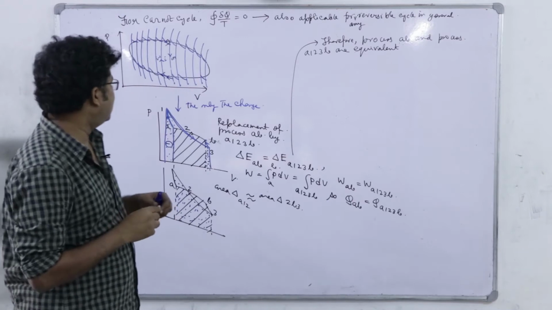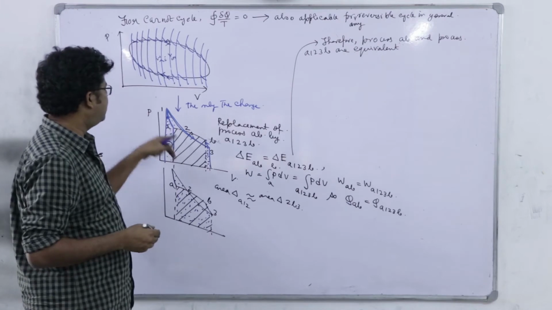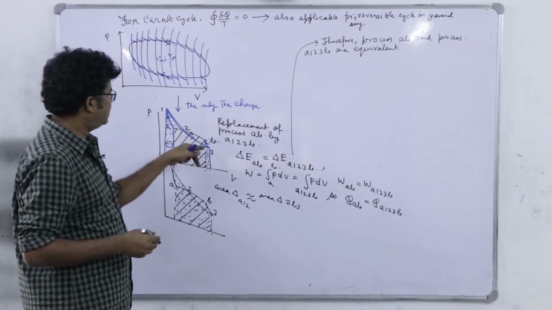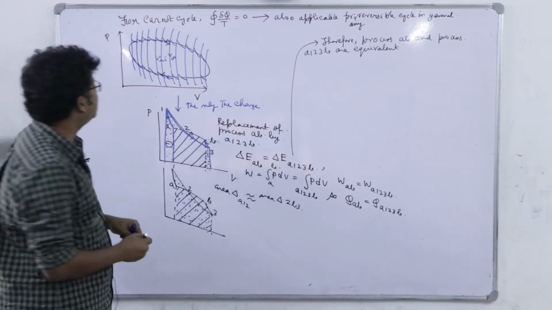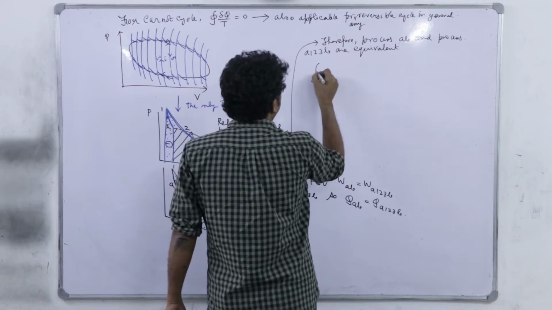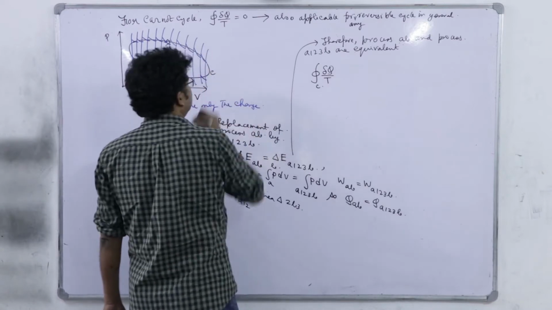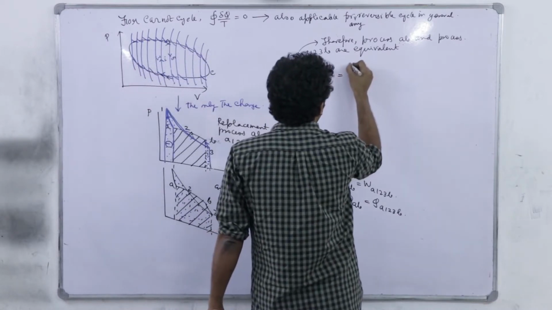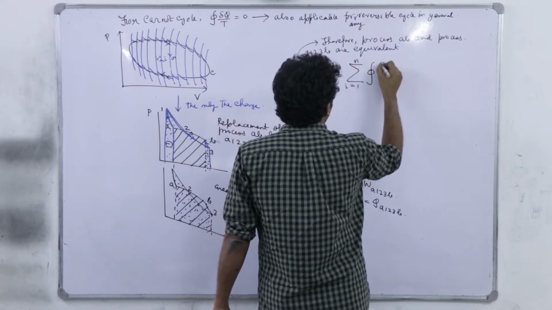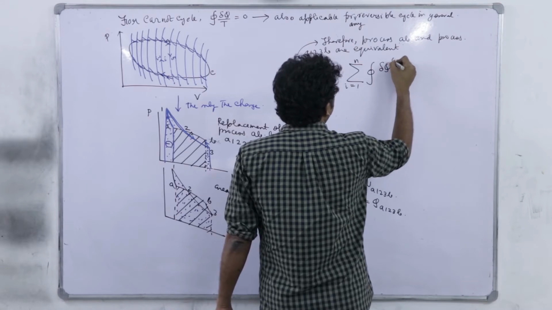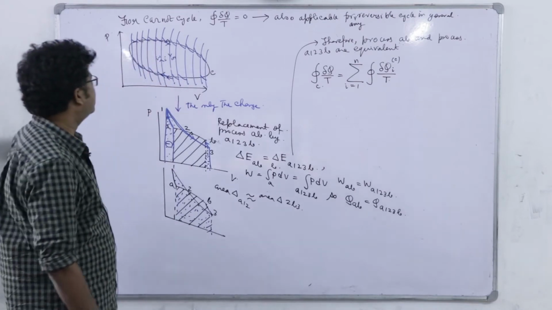So once they are equivalent, we can replace this path by this, and this, and essentially it becomes a series of Carnot cycles. So the cyclic integral of del Q by T over cycle C, say it is a reversible cycle, is equal to the sum from I equal to 1 to n of the cyclic integral of del Q of the ith Carnot cycle by T. Right.